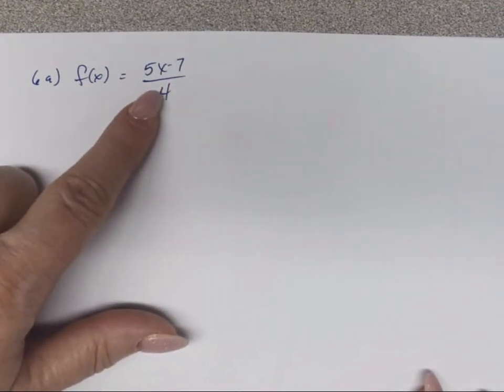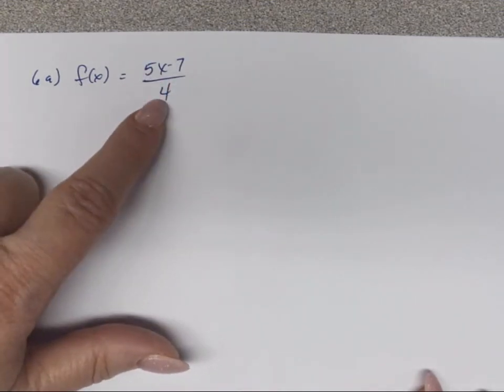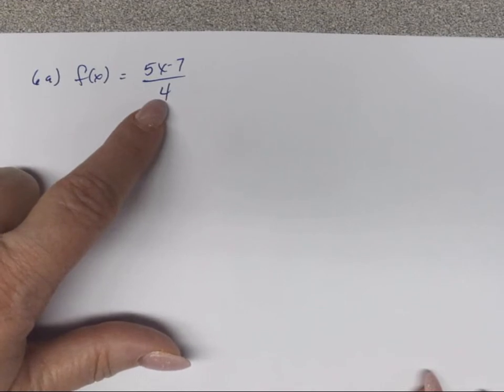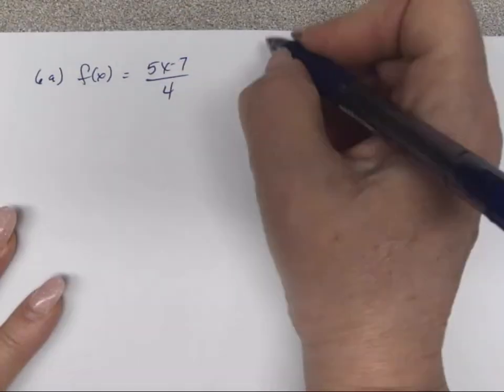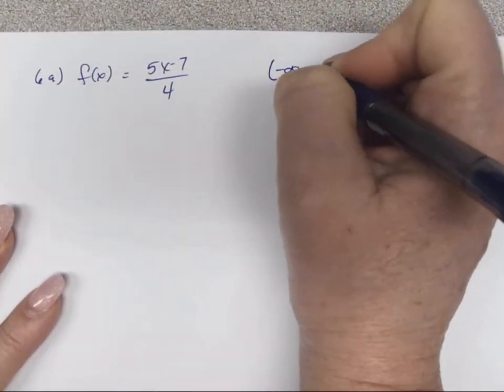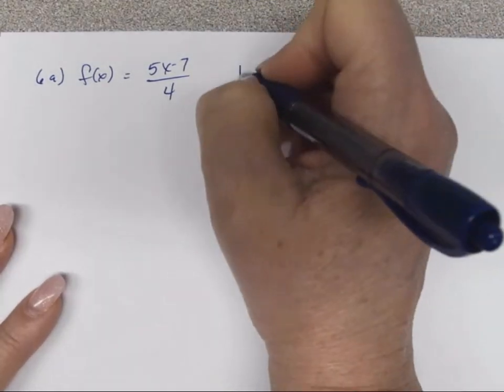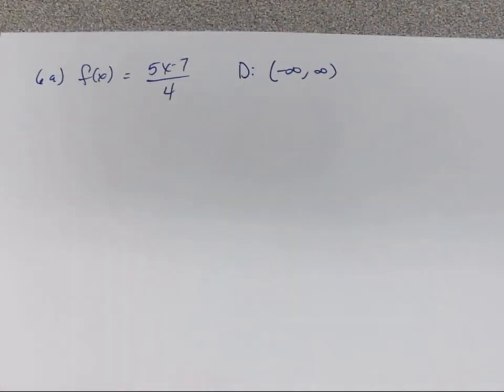You can't take the square root of a negative, and you can't have a 0 in the denominator. But because it's just a 4 on the bottom, it can never become anything else. It's just a 4. So because of that, our domain will be negative infinity to infinity.